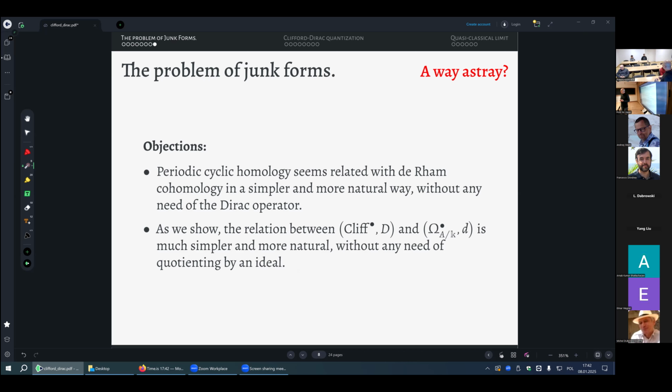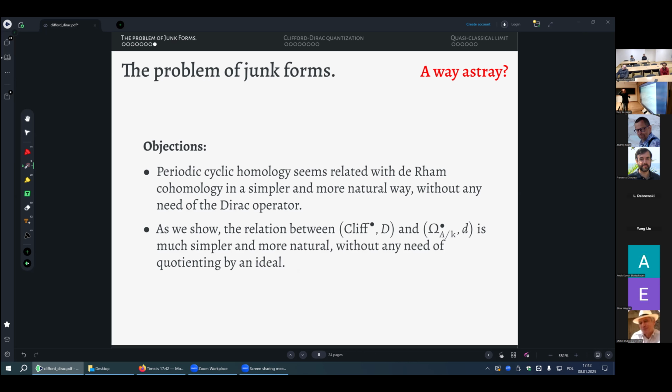So if you employ this Clifford algebra of differential forms, why expect some relation with the de Rham homology, when you can do it without a Dirac operator?